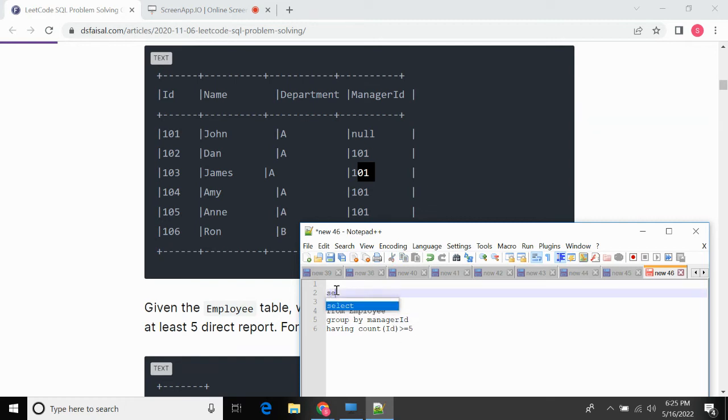On top of it, just write select name from employee where ID in, and let's place this within parentheses.